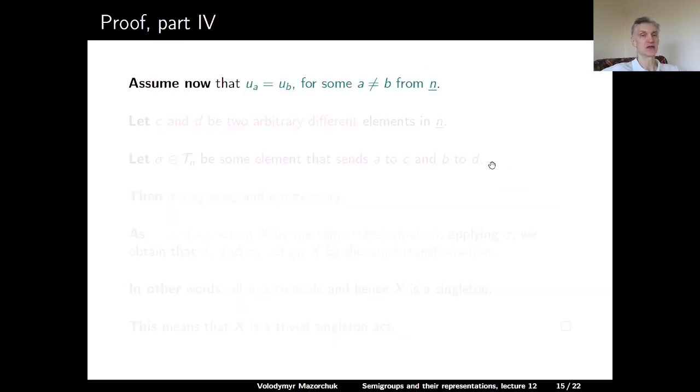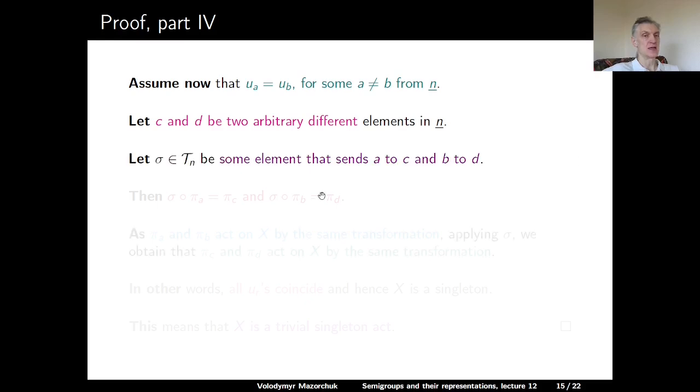Next, let us assume that there are two elements A and B, which are different, but such that UA is equal to UB. So A and B are elements in n underlined. Let C and D be two arbitrary different elements in n underlined. Let sigma in Tn be some element which sends A to C and B to D. This obviously exists.